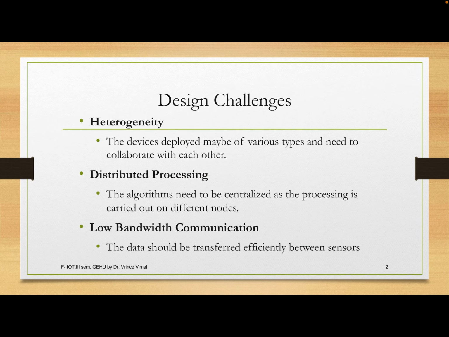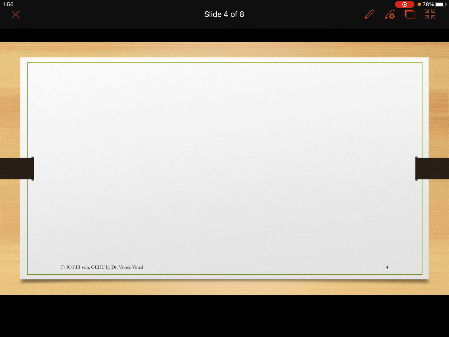So the first one is heterogeneity. A heterogeneous network can be defined as a network which has entities of different shapes and sizes.